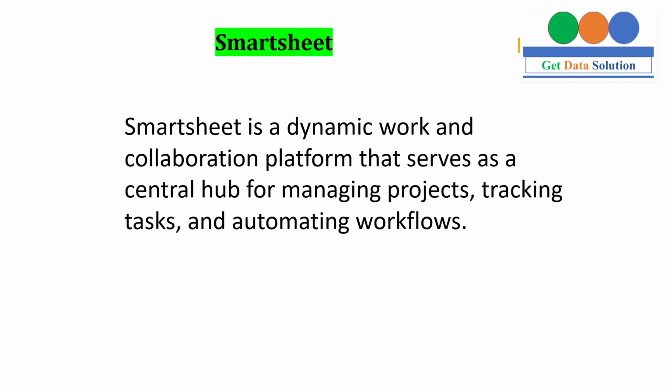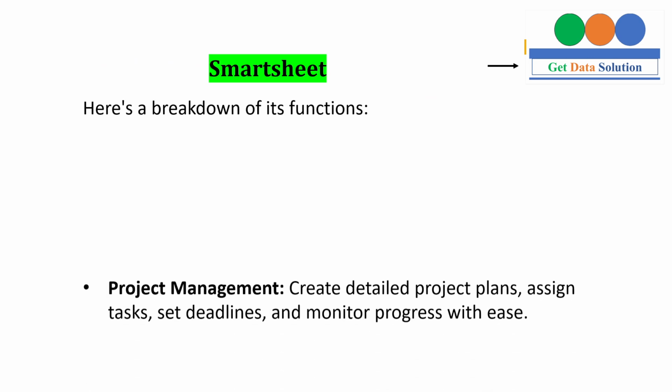So let me directly go to Smartsheet. Smartsheet is a dynamic work and collaboration platform that serves as a central hub for managing projects, tracking tasks, and automating workflows. So that is what Smartsheet is. Here is a breakdown of its functions.